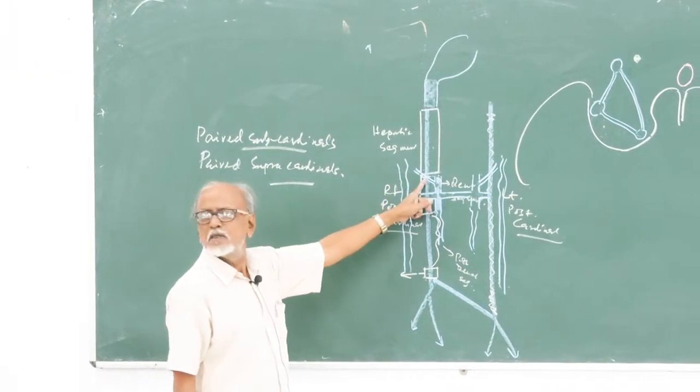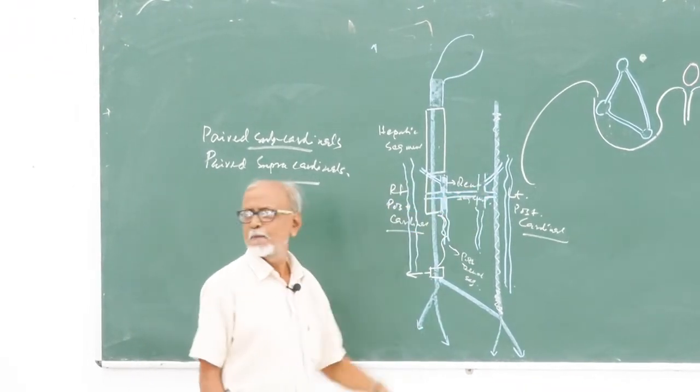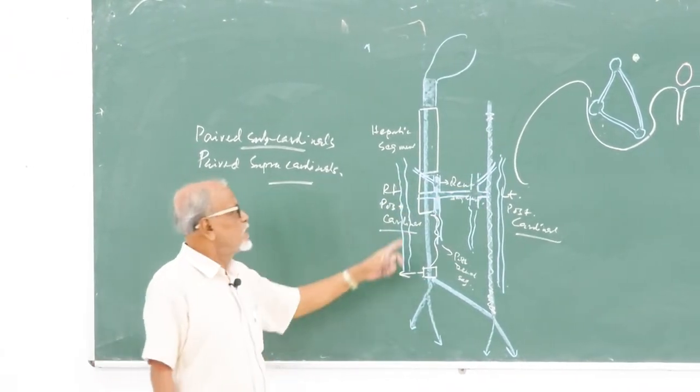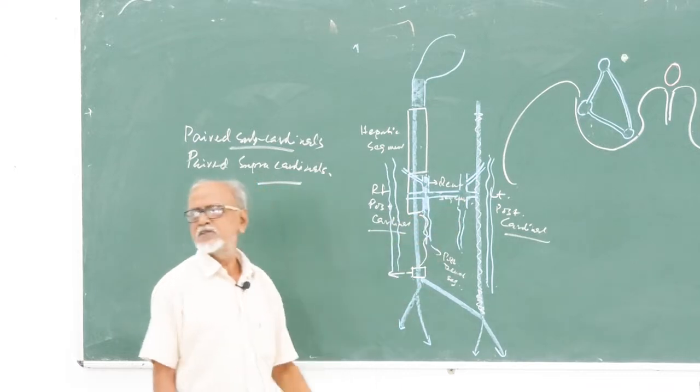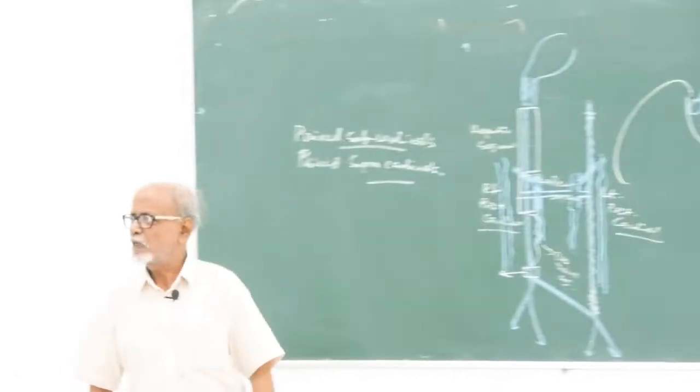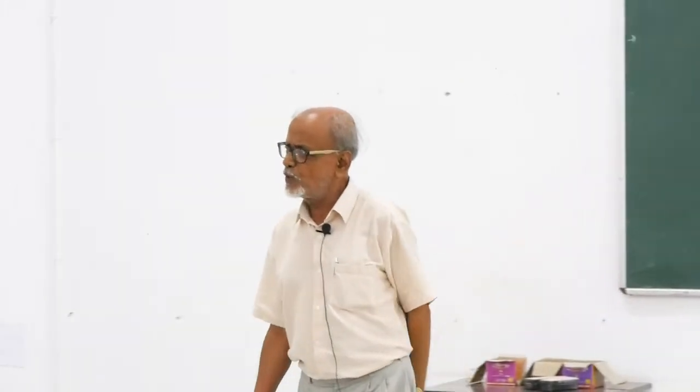This will be the suprarenal vein and this will be the renal veins. ঠিক আছে? This will be the renal veins.